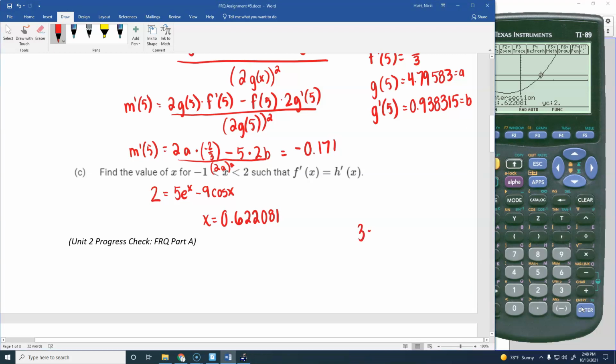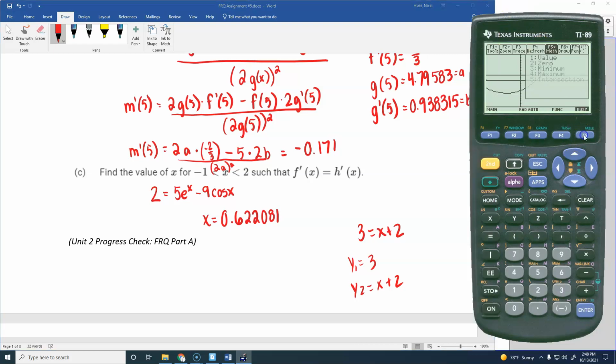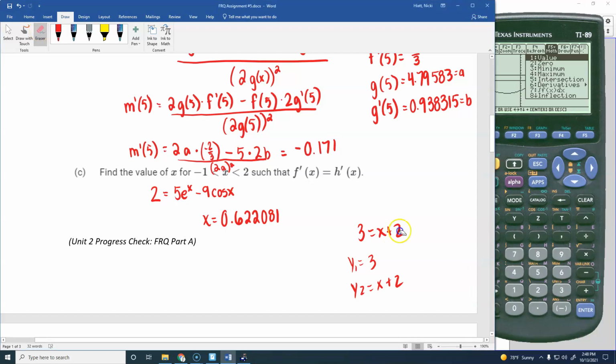I mean, if you had like 3 equals x plus 2, you could put y1 equals 3 and y2 equals x plus 2 and see where they cross. I mean, I hope you wouldn't have to do that, but you could. Once you get the graph, if you hit F5, number 5 is the intersection, and that's what you'll look at. So that's always backup if you can't get the solve to work.